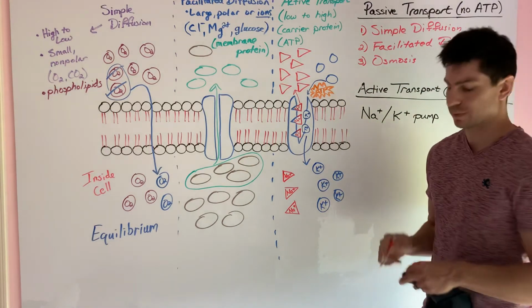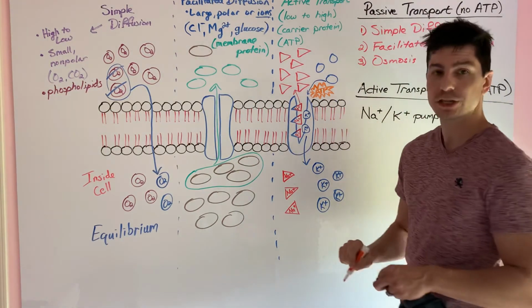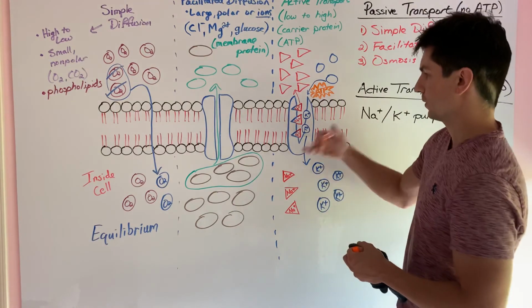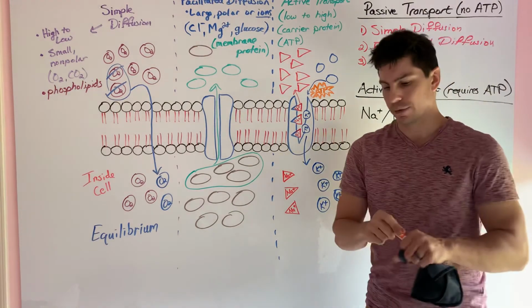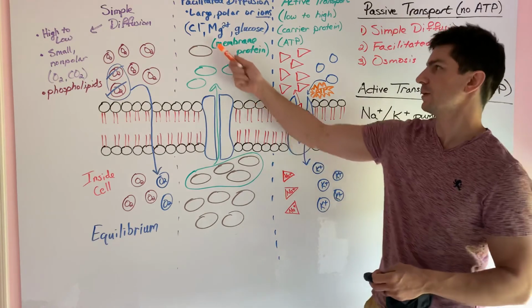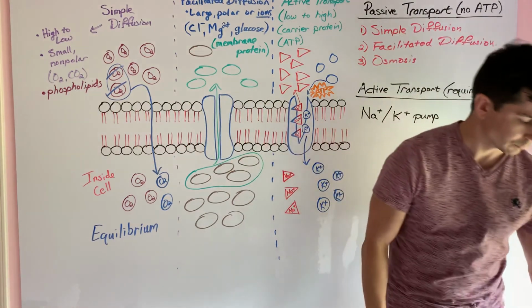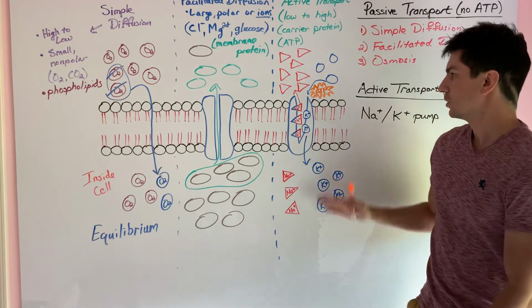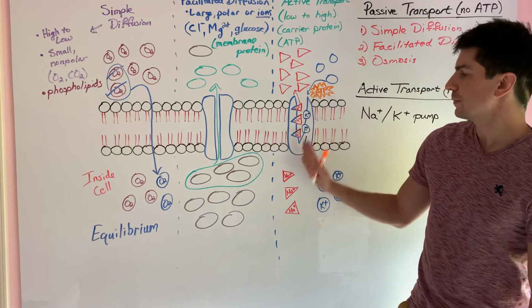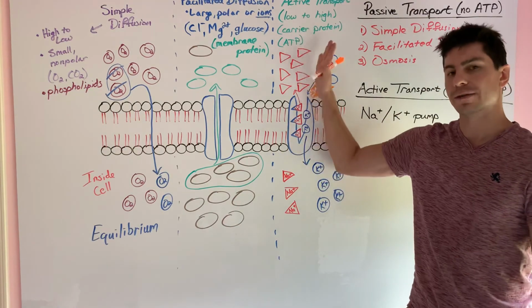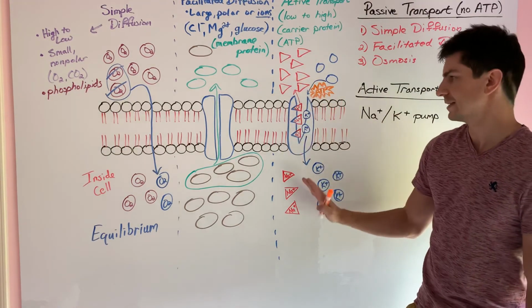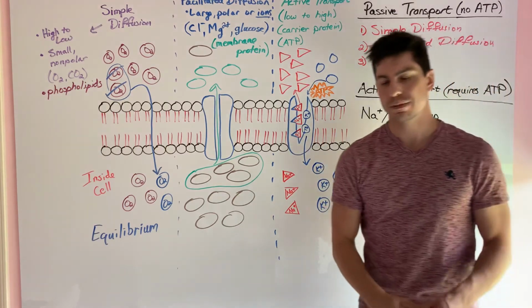We need to bring in some energy. If we do not have energy, we cannot go from low to high concentration. All right, we can only go from high to low, just like we did with facilitated diffusion and simple diffusion. Okay, so end of this, guys, we move 3 sodiums out for every 2 potassiums we move into the cell. And again, ATP is required.